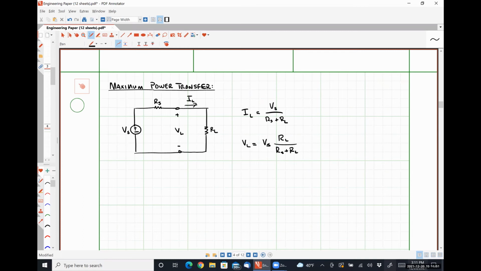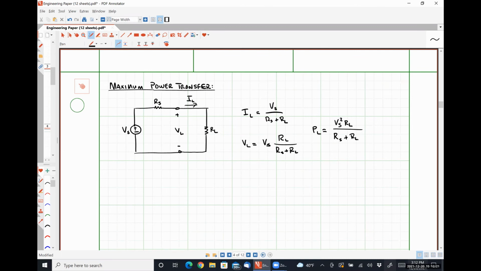Everybody okay thus far? The power that is absorbed by my load resistance is simply the product of IL and VL, which would look like Vs squared times RL divided by Rs plus RL.